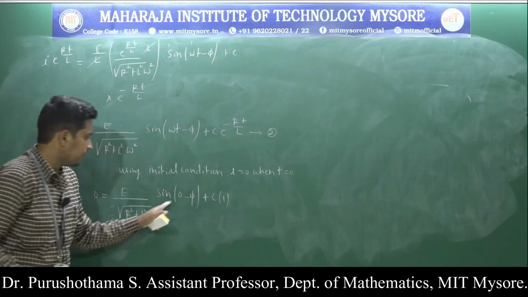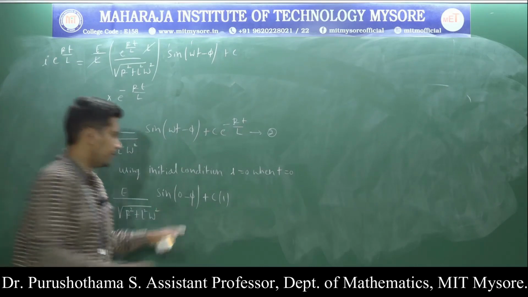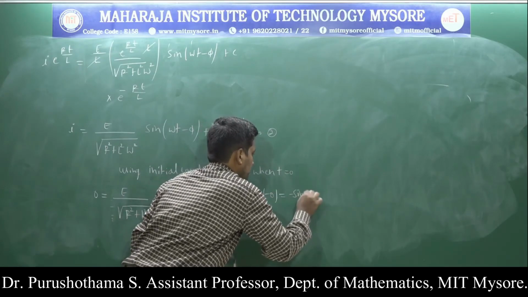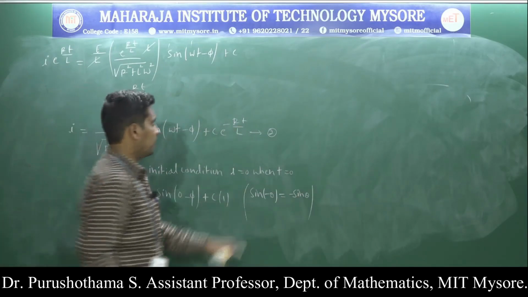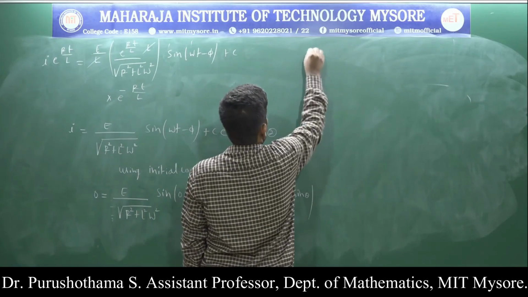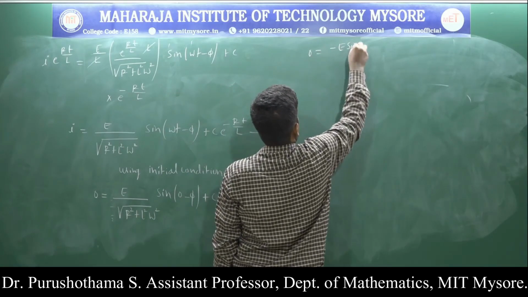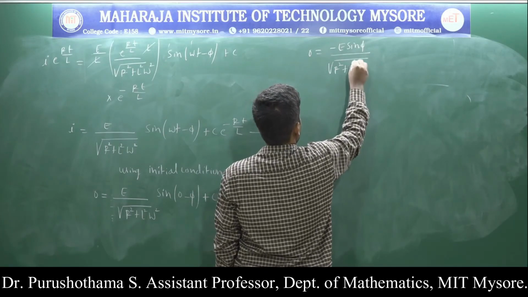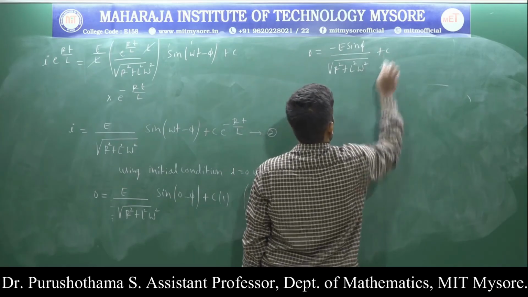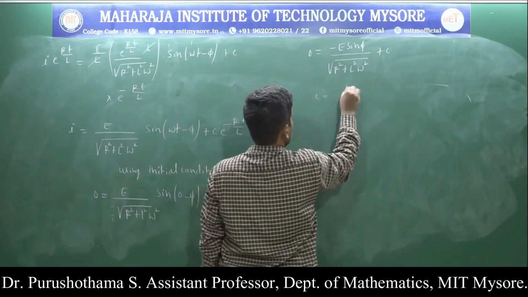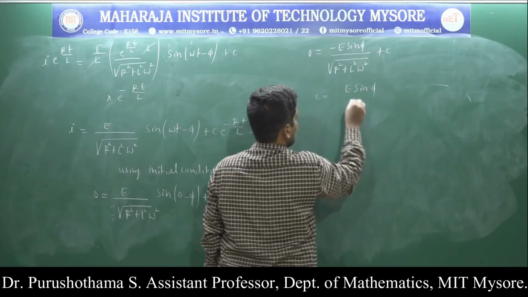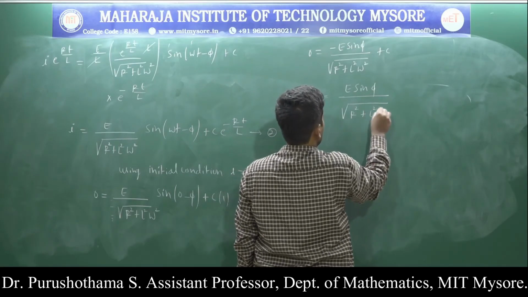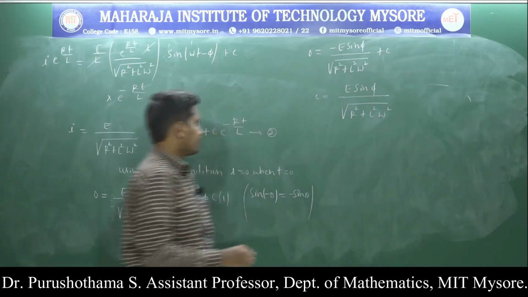Here sin of 0 minus phi is sin of minus phi, and we know that sin of minus theta is equal to minus sin theta. Using this result, 0 is equal to minus E into sin phi divided by square root of R square plus L square omega square, plus C, or C is equal to E into sin phi divided by square root of R square plus L square omega square.